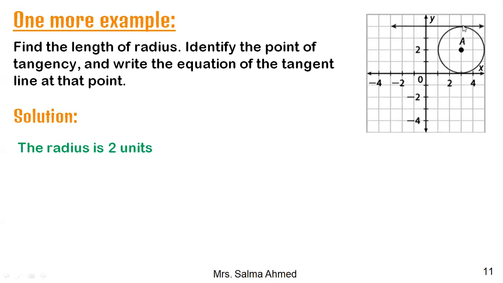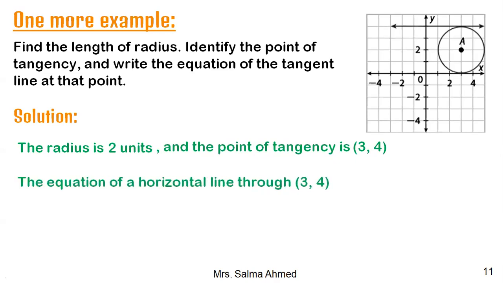The tangent point is here, where the line is tangent to the circle. I move 3 on the x-axis and 4 up, so the point of tangency is (3, 4). Now I need the equation of the horizontal line through (3, 4). The line is parallel to the x-axis at y equals 4, so the equation is y equals 4.